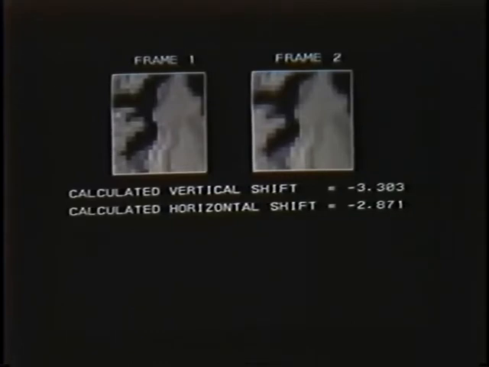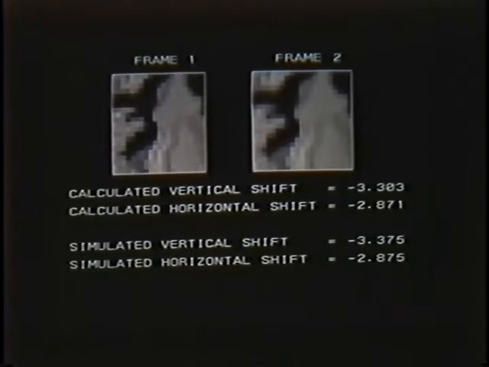The true simulated shift between our original 2 test images was minus 3.375 vertically and minus 2.875 horizontally. Our estimation was off by only 0.06 of a pixel. The correlation value for these 2 images is now 0.994, almost a perfect match. Recall that we started with 0.524 and improved it after each step.